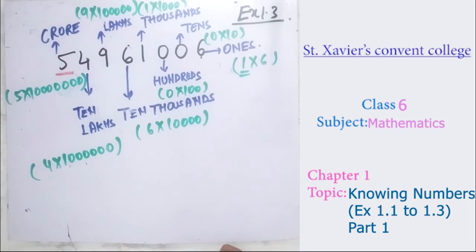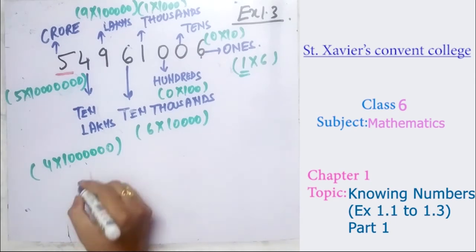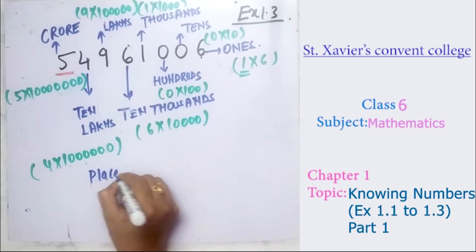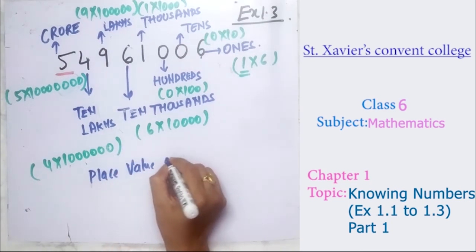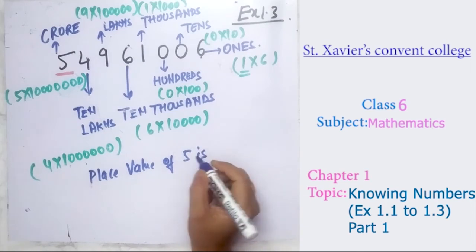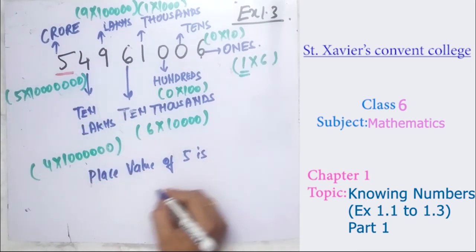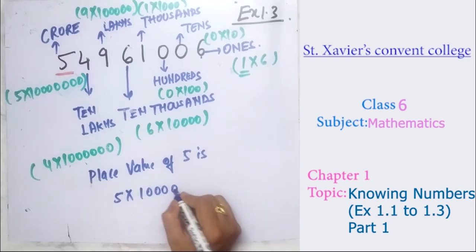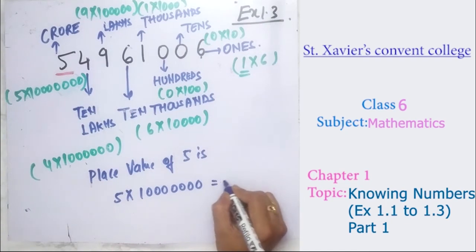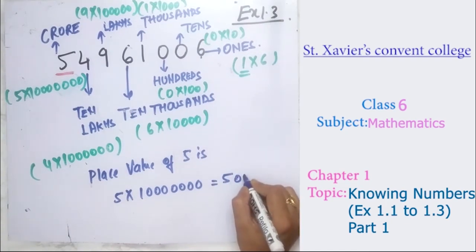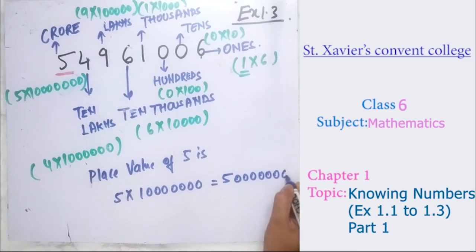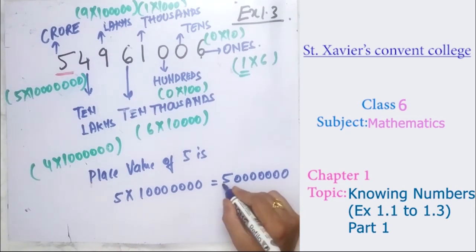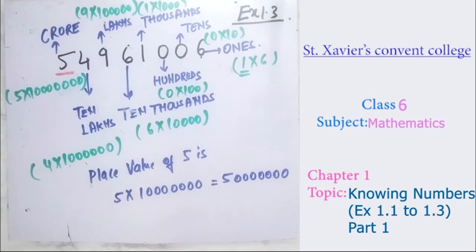The place value of 5 is 5 crores. So you write 5 into 1, 2, 3, 4, 5, 6, 7 zeros. This is the way you are going to write the place value of 5.